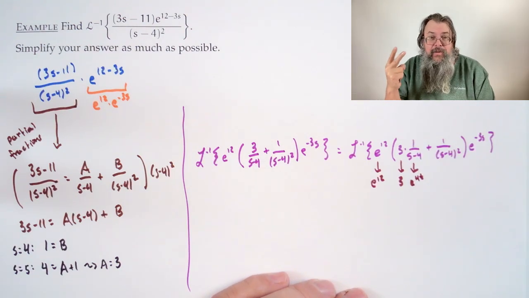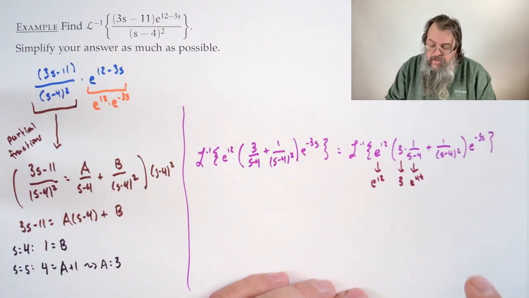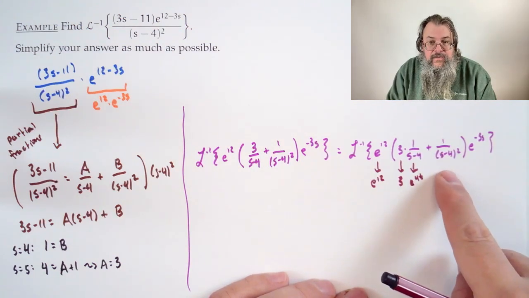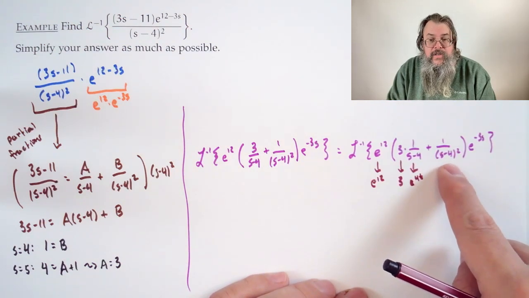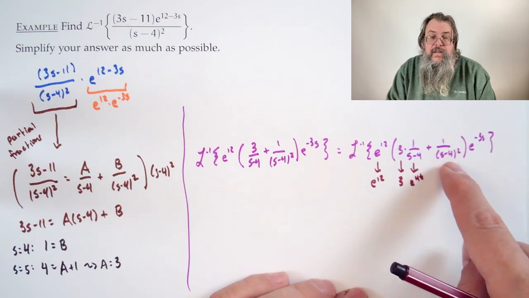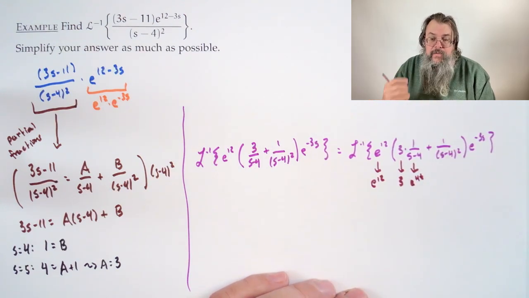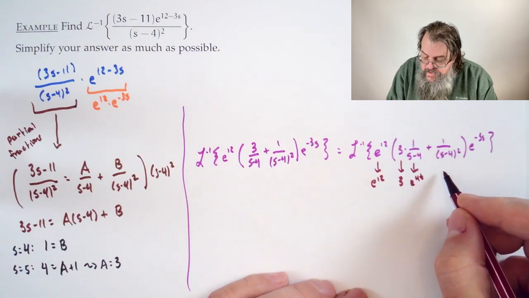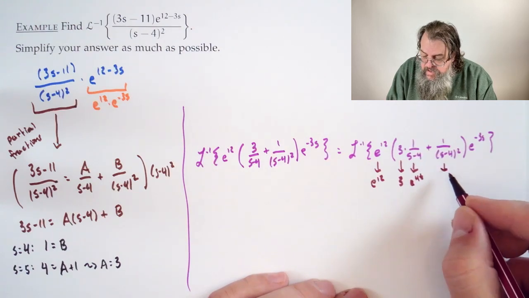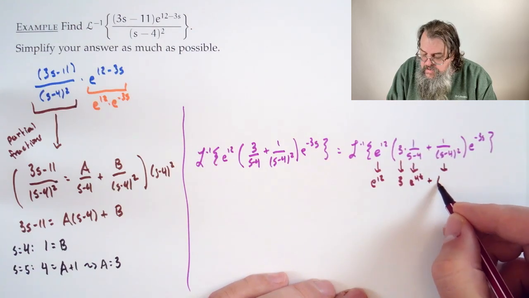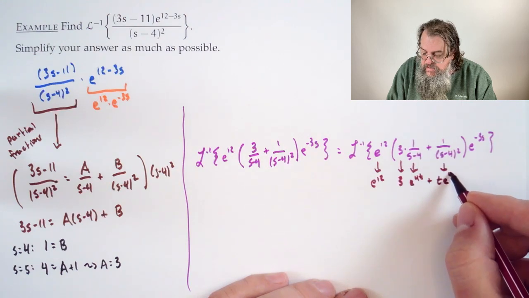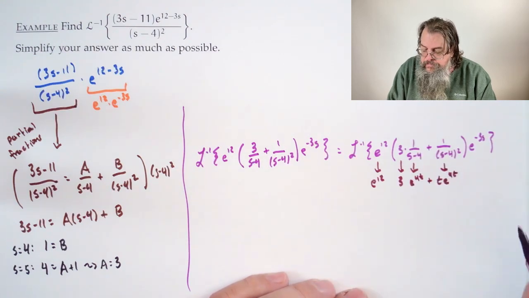And then Laplace transform of e to the ct times some function, capital F of s, is F of s minus c. So when we see a shift, that means there was an exponential function, in this case e to the 4t, and then the unshifted is 1 over s squared, which becomes t. So the punchline is this is going to become our t e to the 4t.